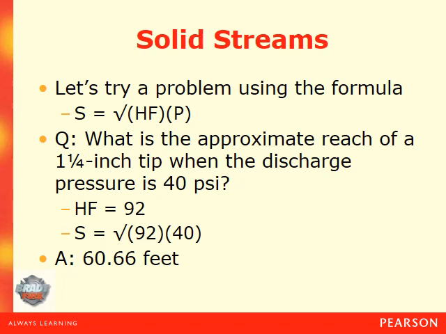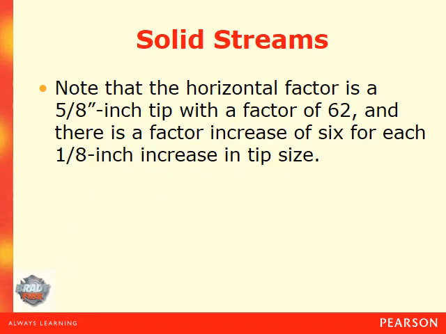And here's the step-by-step written out for you again. And just a special note here that a horizontal factor for a 5/8 inch tip is 62. And there is a factor increase of 6 for each 1/8 of an inch in tip size.